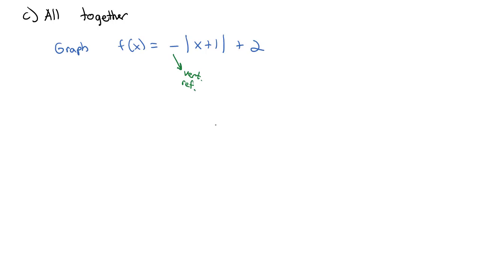That vertical reflection is going to go across the x-axis. It's an absolute value. We know the absolute value graph from our toolkit functions is that V. We see the +1. Adding and subtracting we know is a shift. +1 inside the domain is a horizontal shift. +2 at the end, that's a vertical shift.